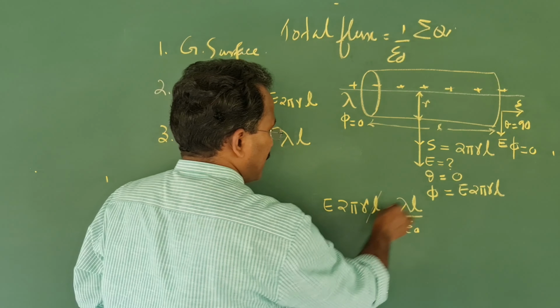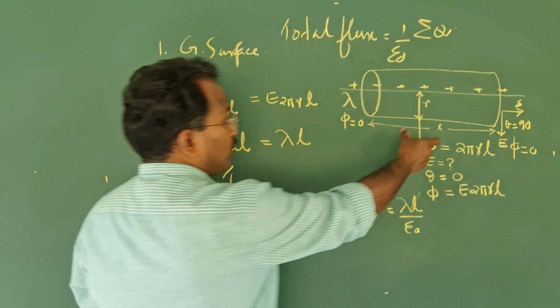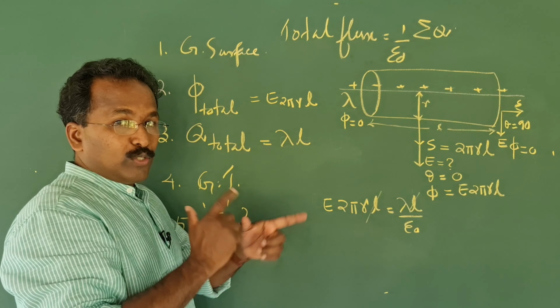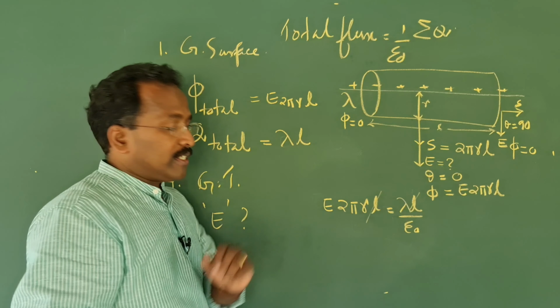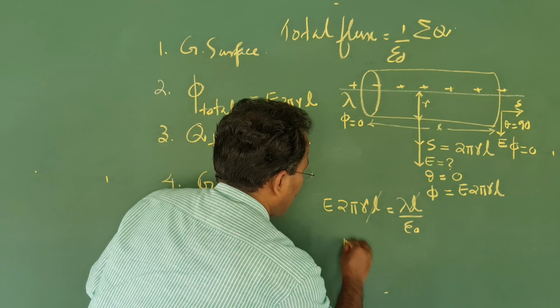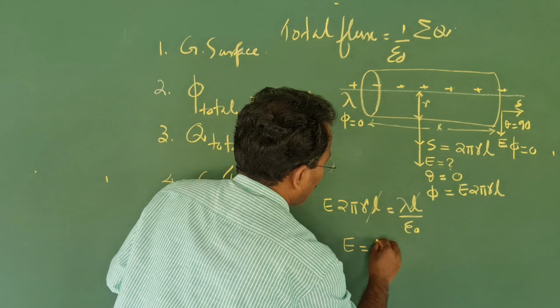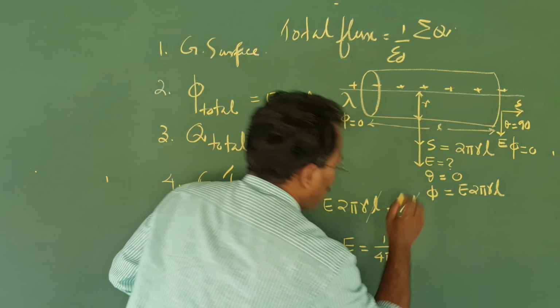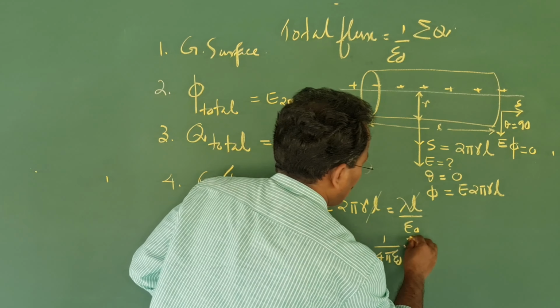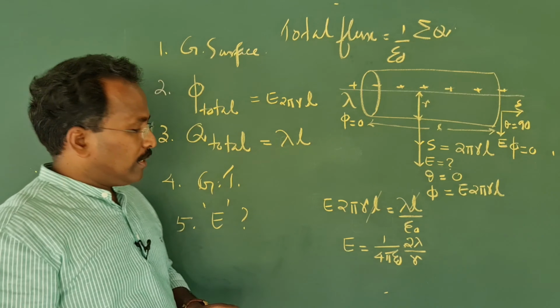So L cancels out, meaning that the length of the Gaussian surface you imagined and E are of course not related. So you can rewrite for E as E is equal to 1 by 4 pi epsilon 0 into 2 lambda divided by R.